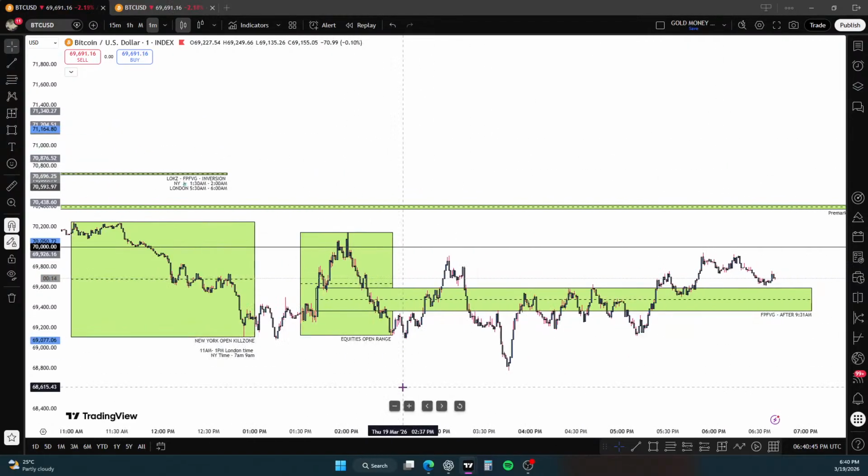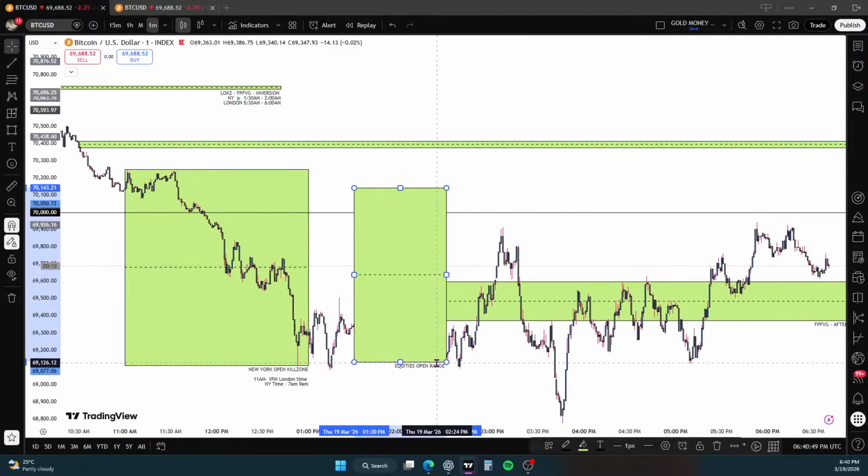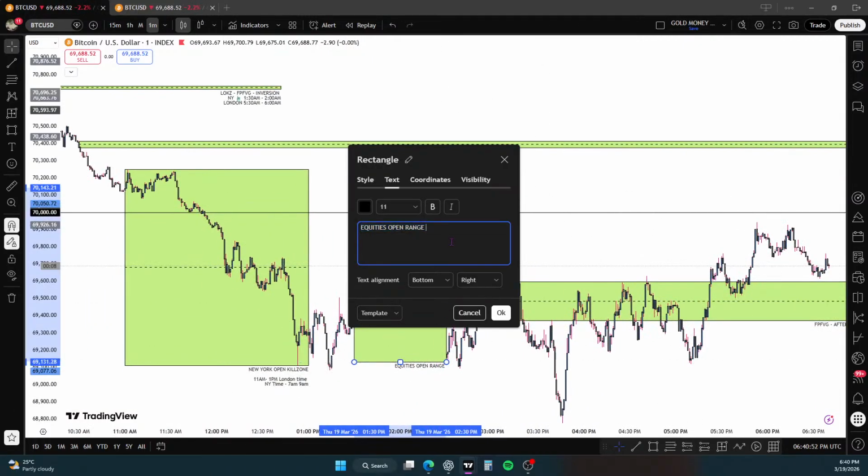So I'll just quickly write the equities open range on here, and then I'll leave the video. So the equities open range is, is this UTC?